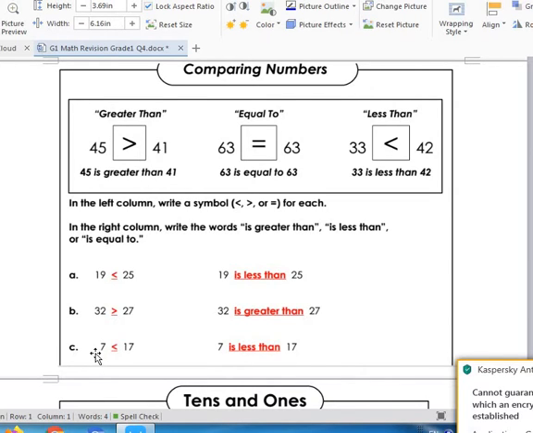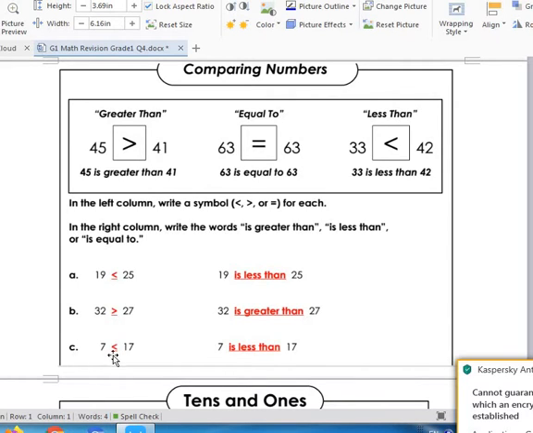I'm comparing the tens. Do you notice the tens here is 0? It's not written. As we covered in class, when there are no tens, it's 0.